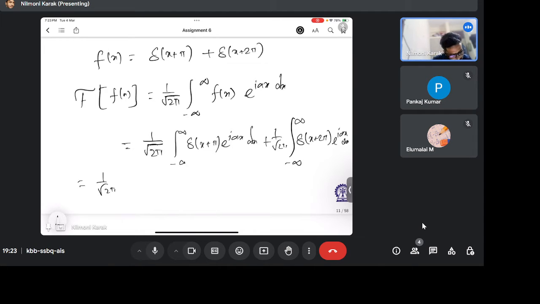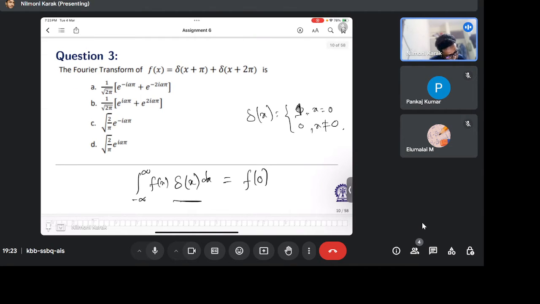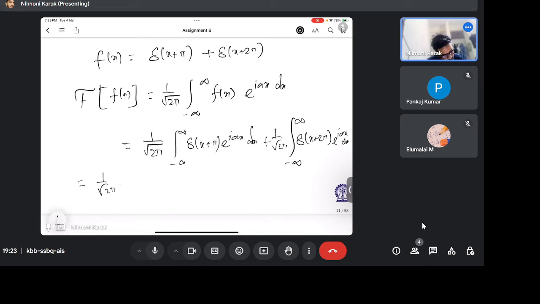So 1 by root 2 pi. You see here when x equals minus pi, delta becomes delta 0. Basically only when the argument is 0 does it survive.